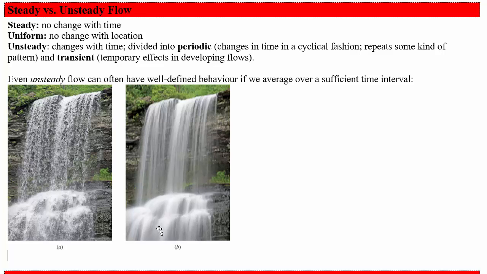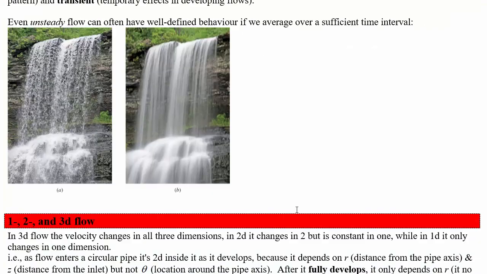What's true about this is that you could take this picture and then take another version of the picture and another version, and with the right exposure time, all of these pictures would look the same, whereas these ones would look different with a short exposure time. So it has short-term changes in time, but long-term smoothness. I'll leave that as an assignment for you to go out and take some pictures of waterfalls.